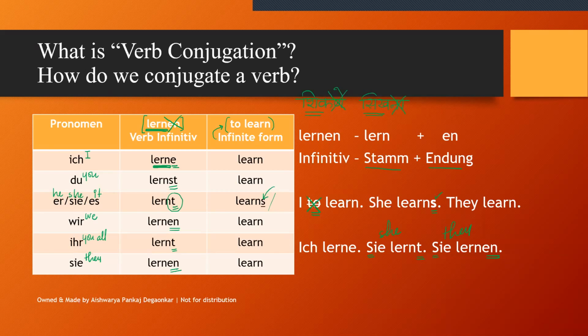As compared to that, in Marathi and in Hindi, once again, if a boy is saying a sentence, the verb will change, but it does not change in German. Is it clear now? Yes, ma'am. It's clear. Okay, perfect.